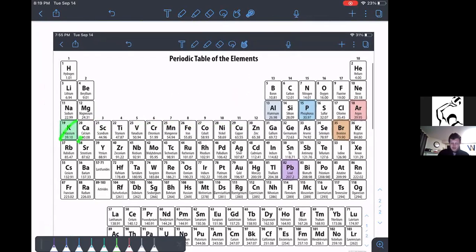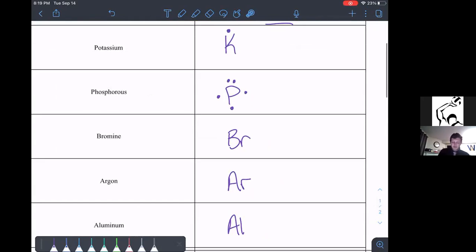So we had 1, 2, 3, 4, 5, 6, 7. So bromine only gets 7 valence electrons. So if we put our 7 on here, we get 1, 2, 3, 4, 5, 6, 7. Bromine gets 7 valence electrons and then it's done.